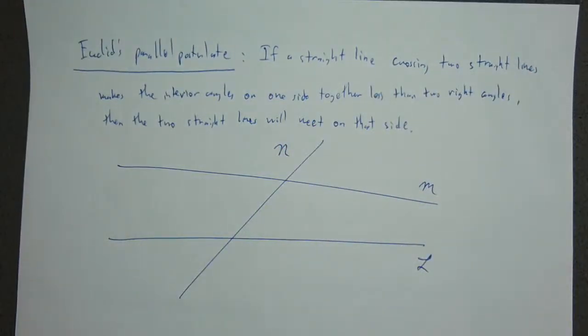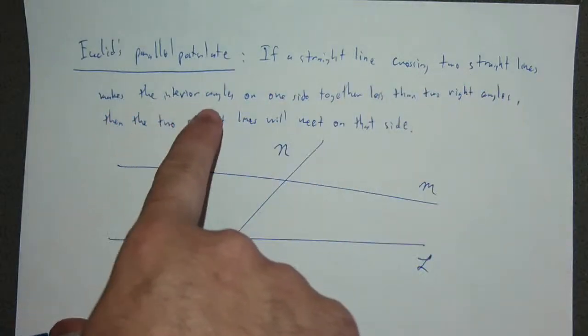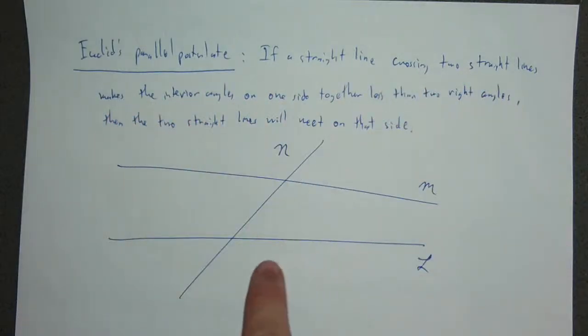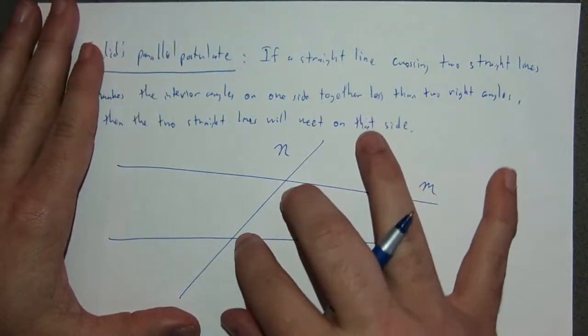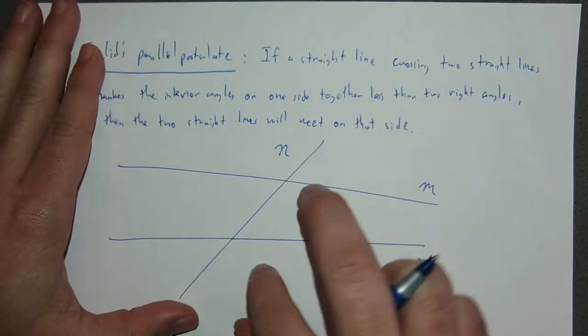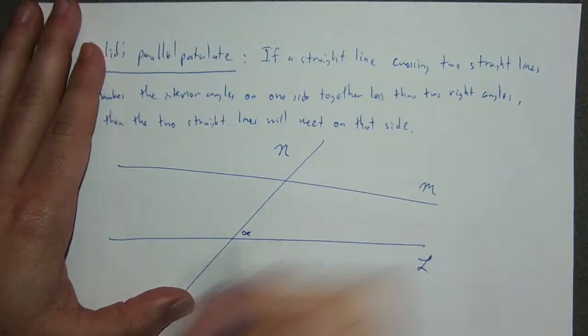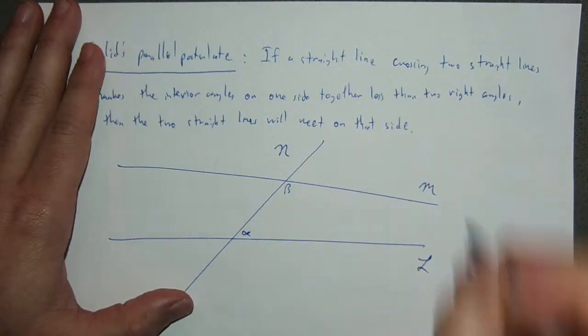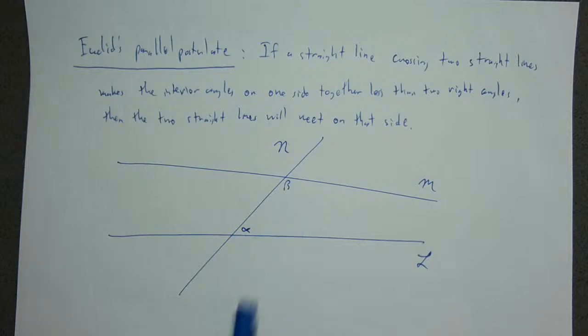Okay, and it says if it makes the interior angles on one side. What are the interior angles? What do I mean by that? I mean a pair of angles that are inside. For instance, if this is an angle in question, the other interior angle is this. It is beta here. So alpha and beta are the interior angles on one side.